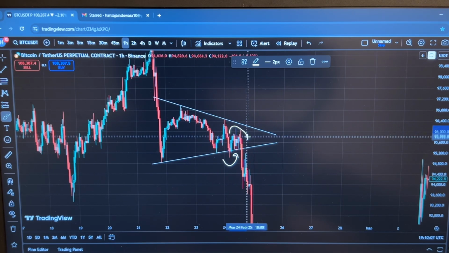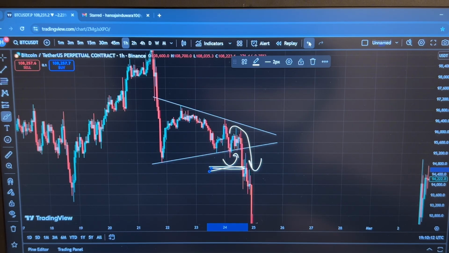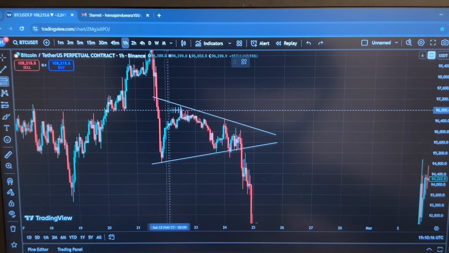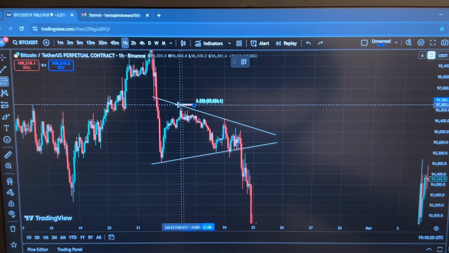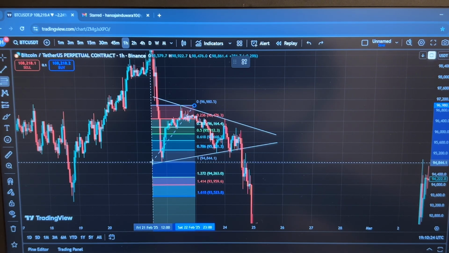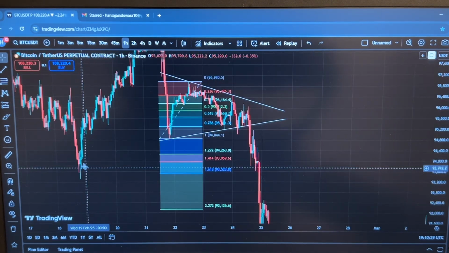It went further up, and then eventually it broke this low. And then if we need to get the TP levels, we are going to put the 0 level to the first high, and then we are going to drag the number 1 level to the first low, and there you go. This is going to be our TP level.